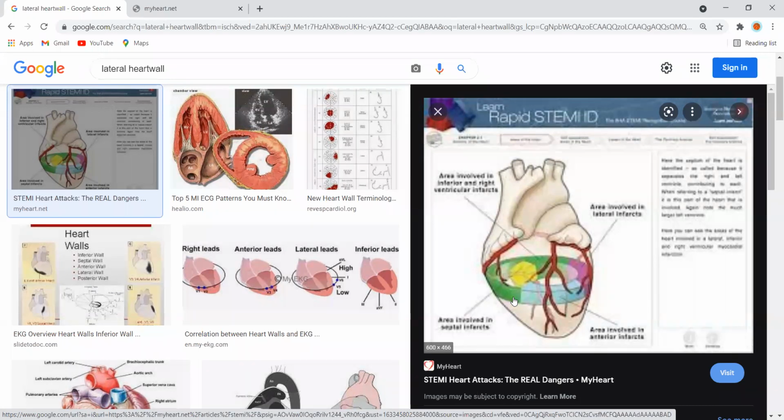Now what will happen in left ventricular hypertrophy? In left ventricular hypertrophy, the left-sided muscles or left side of the heart will become large and the right side of the heart will be small. So which portion of the heart will be depolarized first, right or left?